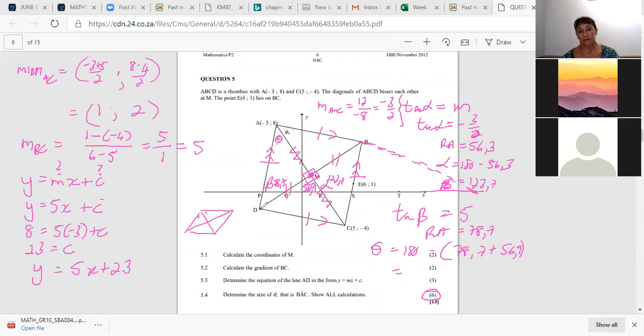Then I get that ACB is equal to theta as well because of the alternate angle. And then afterwards, thinking of angles of inclination, I thought of the line AC as being inclined by theta. And because of that, I then saw that, okay, I need to find the gradient of AC, and then I saw it's negative, so I'll say 180 minus my reference angle to get my answer.